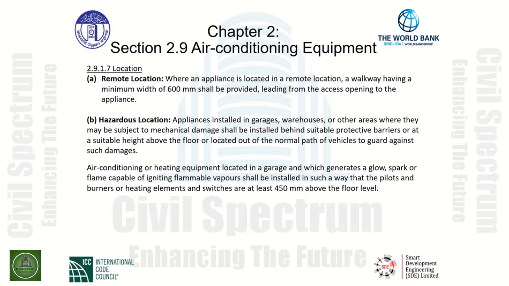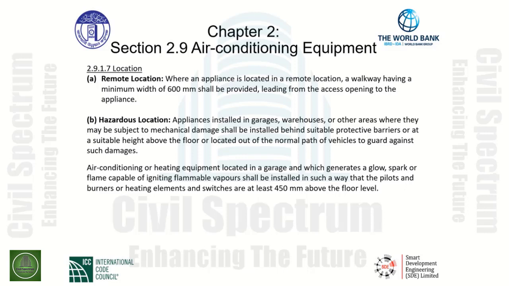B, hazardous location: appliances installed in garages, warehouses, or other areas where they may be subject to mechanical damage shall be installed behind suitable protective barriers, or at a suitable height above the floor, or located out of the normal path of vehicles to guard against such damages.